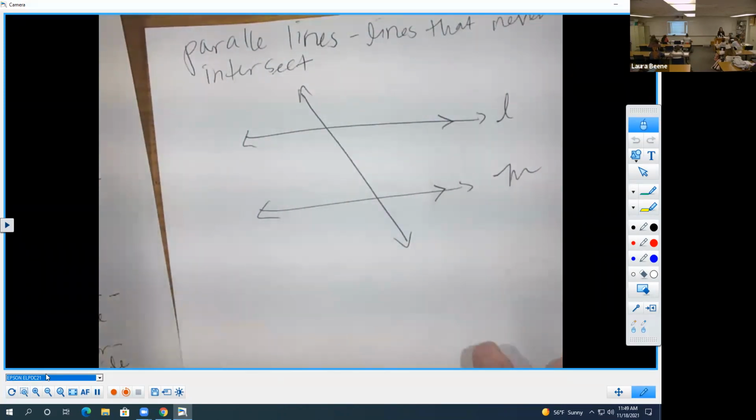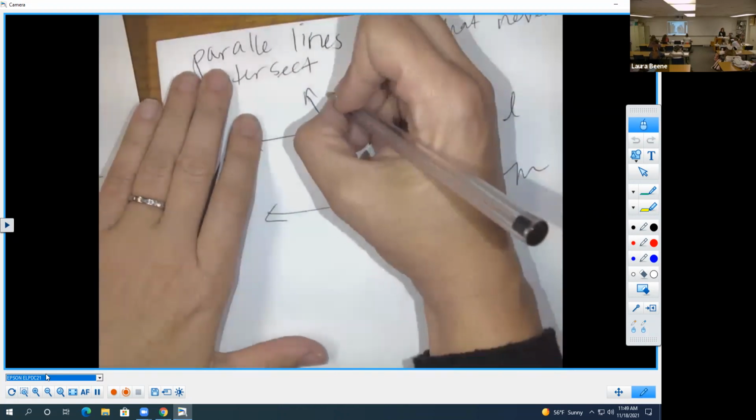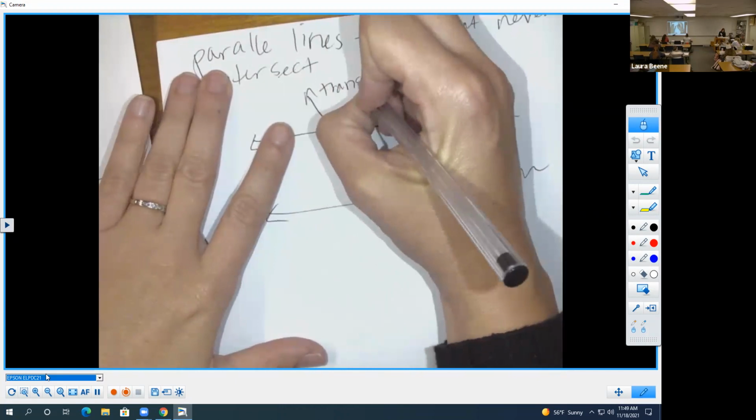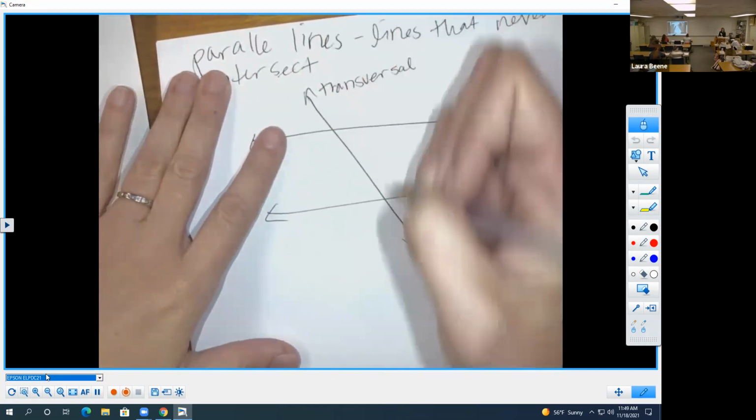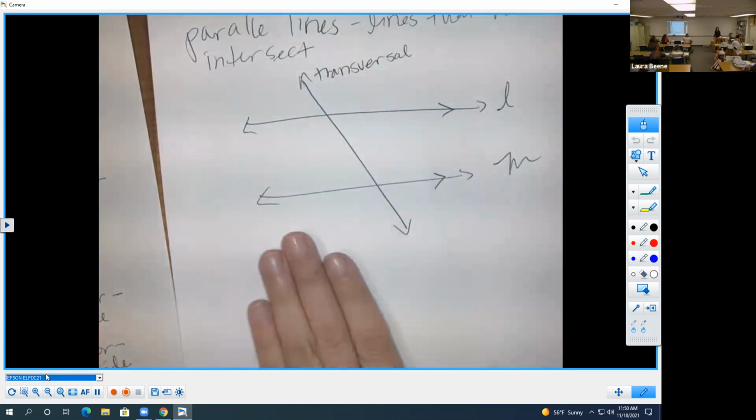If it just creates any angle, does anyone know what that's called? It's called transversal. Okay, and the reason why that matters is because in the definition of all these angles that we're about to write, they say, given a set of parallel lines cut by a transversal, the blah, blah, blah, blah, blah. Okay, so all of these come from this picture right here.